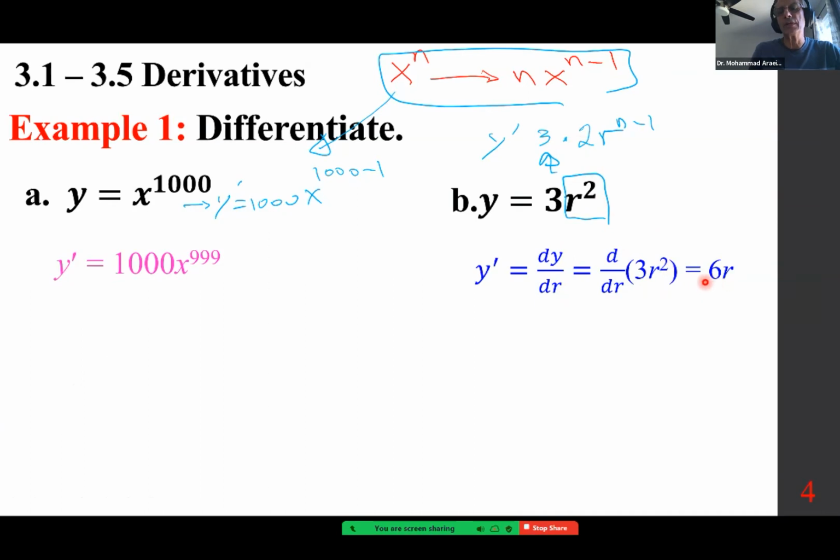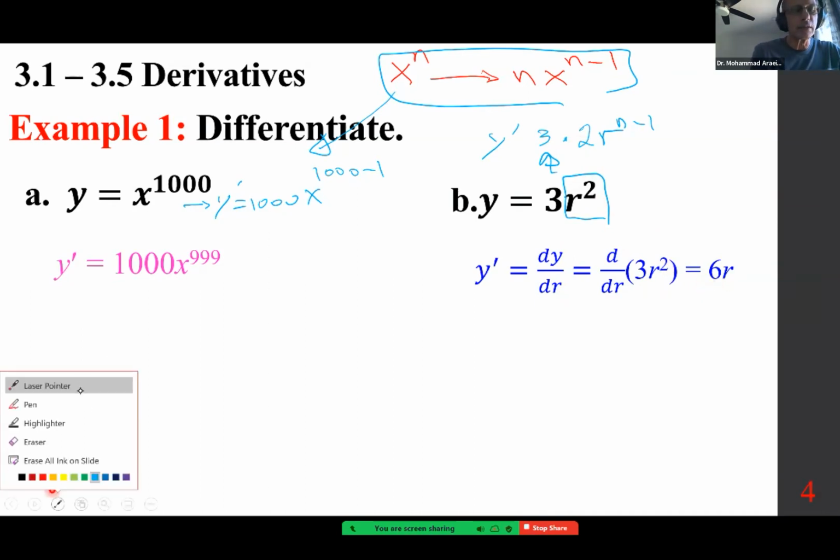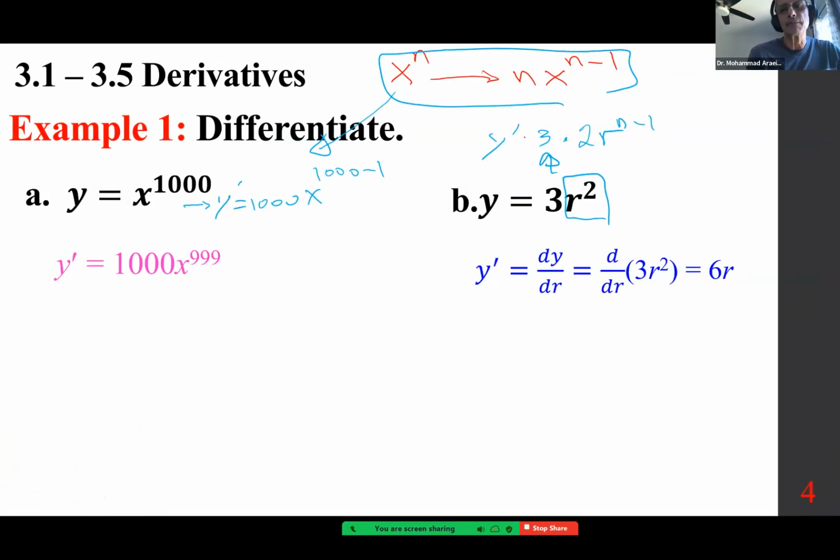3 times 2, 6r. And what is extremely important is to understand the following. When we write dy/dr, we are telling the reader what is the independent variable. See, I can write y prime here, I can write y prime here, and they are absolutely fine.